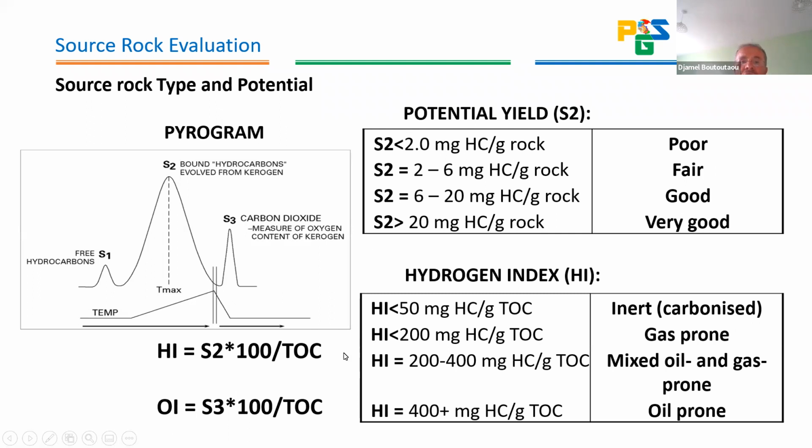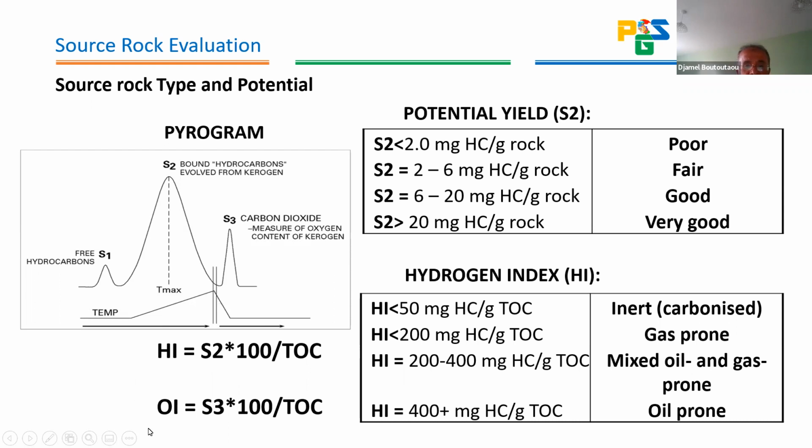And then from S2, we can calculate the hydrogen index, which is a very important parameter in characterizing source rocks, and it's used in classification of source rocks and also in basin modeling. When you model a source rock, you need to know the hydrogen index of your source rock to predict, I mean, the software, when you put the information in, gives you the volumetrics and the type of hydrocarbons that you're going to generate based on the hydrogen index that you put in the model, and also the organic richness.